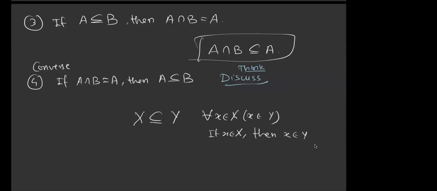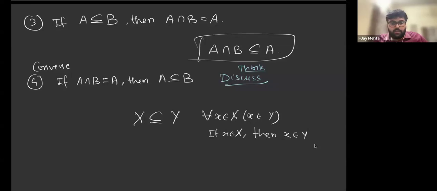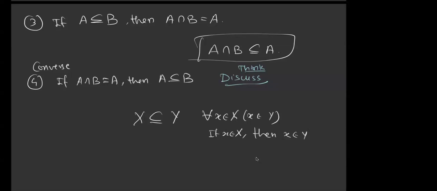Yes, Jay, just one comment. When we proved 3, when A is a subset of B, we are showing that A intersection B is A. For that, we need to show that A intersection B is a subset of A. This part is always true. It doesn't require any condition.